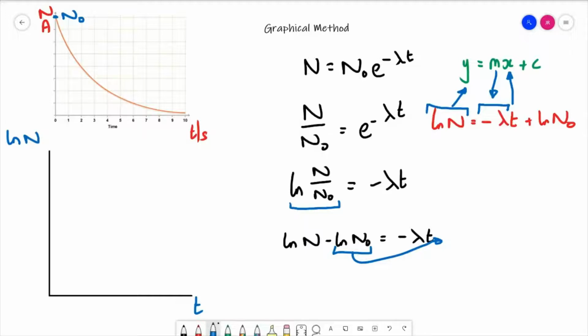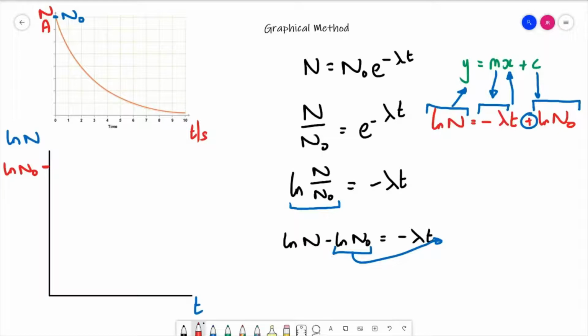We can also see that the y-intercept will represent the natural log of n0, and that is also a positive value. Our line will therefore look like this. We will have a positive y-intercept, and that positive y-intercept will be the natural log of n0.